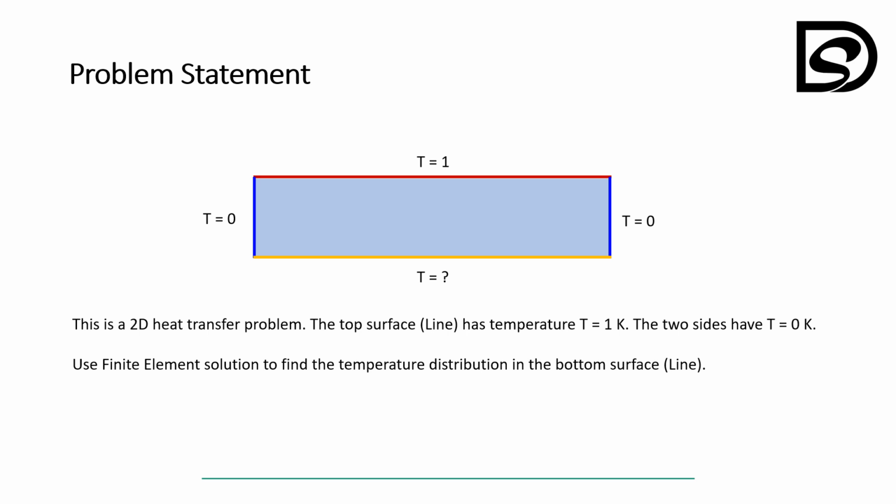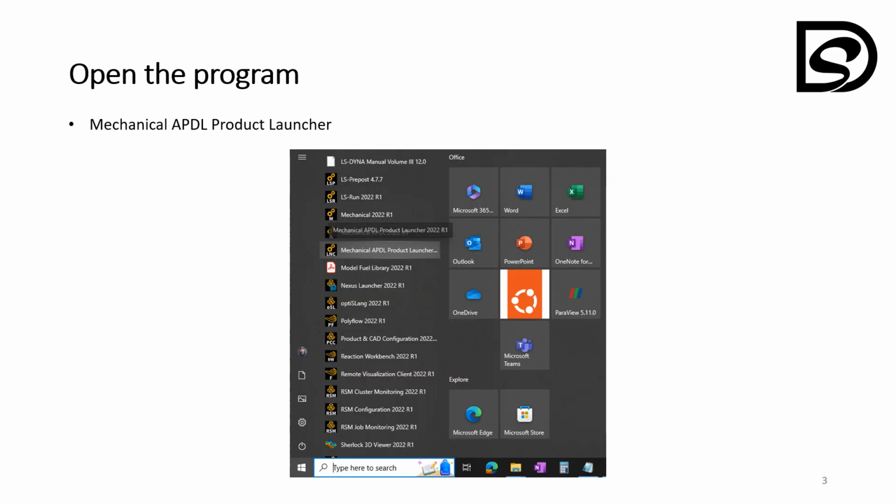Now we'll see how the temperature is distributed within this rectangle. Our aim is to find this temperature distribution on the bottom line. We'll go through this tutorial to learn how to simulate this problem.